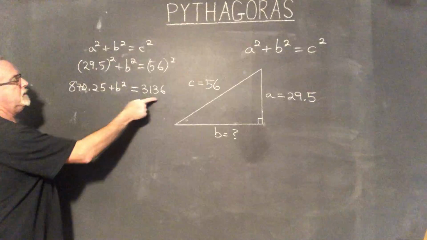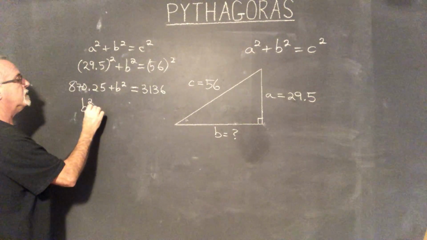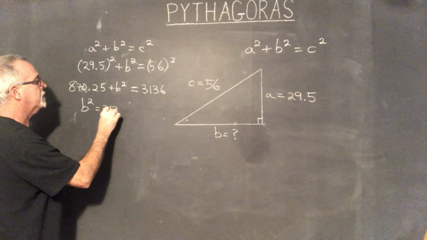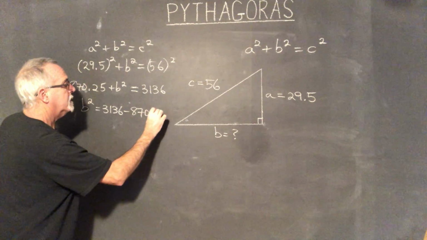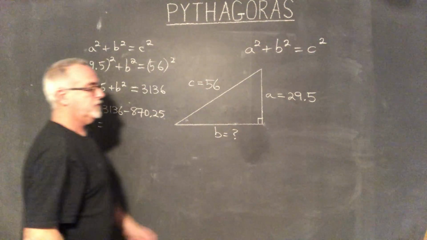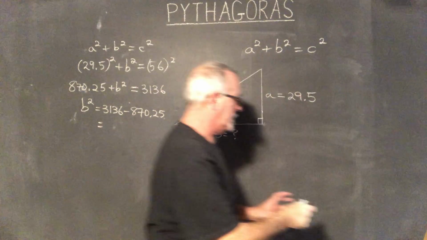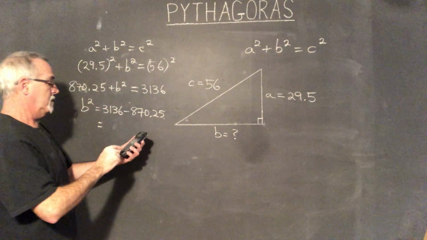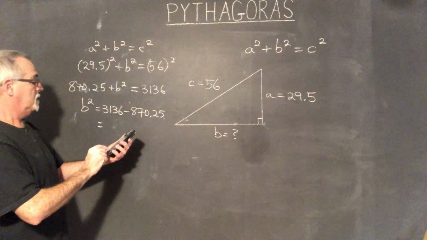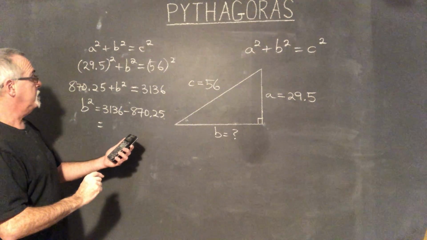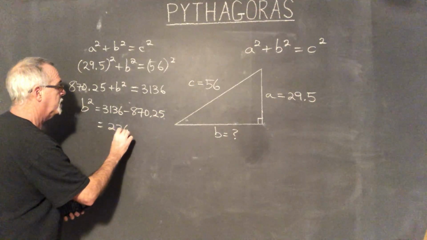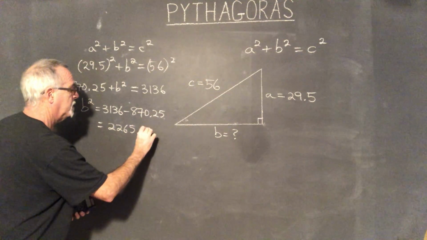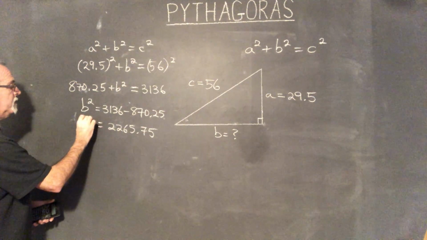If I move this to the other side, B squared equals 3,136 minus 870.25. Subtract in the calculator. And I get 2265.75. But that's still B squared. We don't have our B yet.